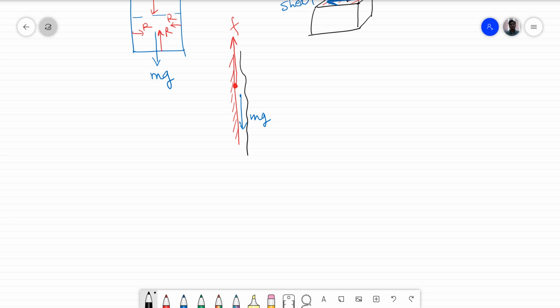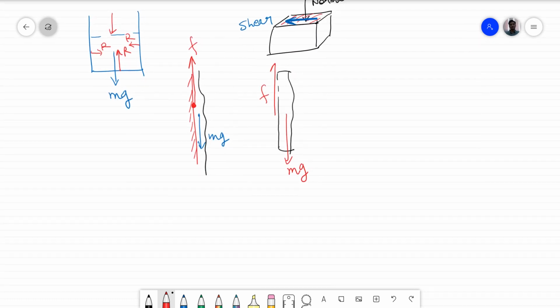If you draw the free body diagram of water in this case, let's say this is the water film, the wall you have removed from here. So on this surface, this F is acting and mg is acting here. So there is this F that is shearing this film from one side. It is acting tangential to that surface, so there is a shear force.